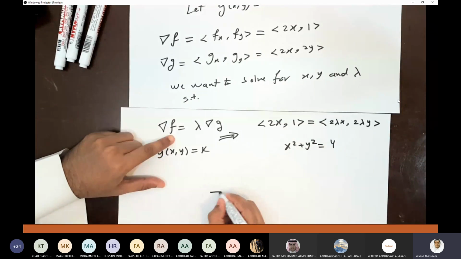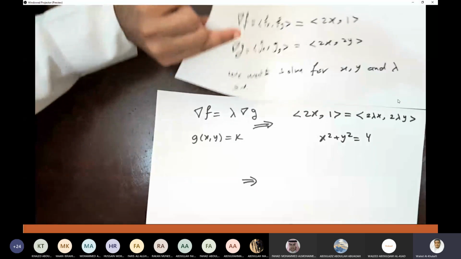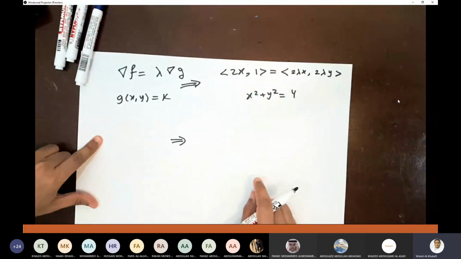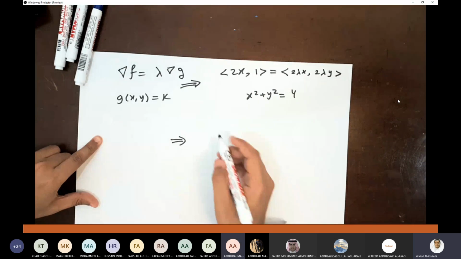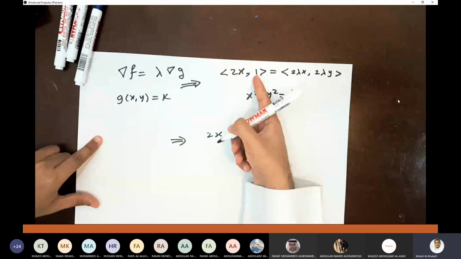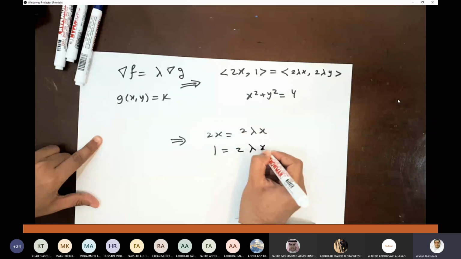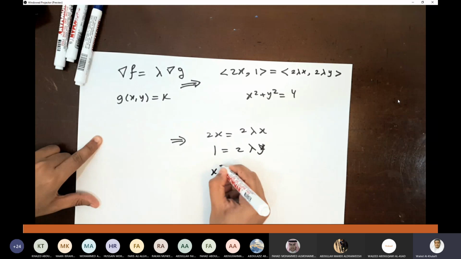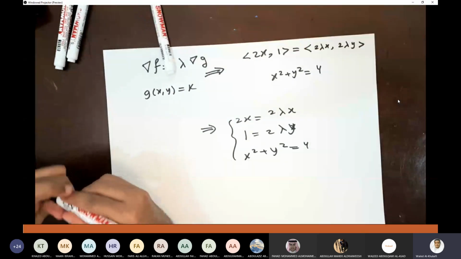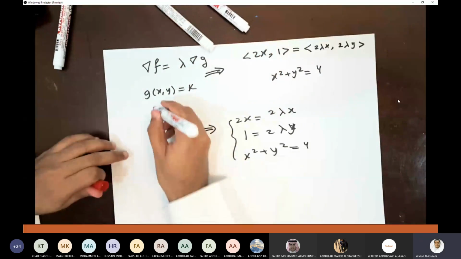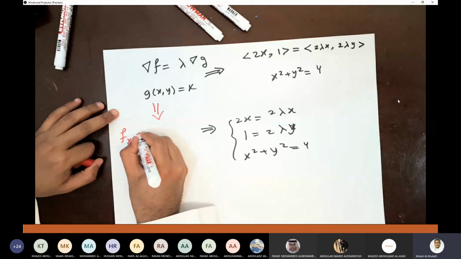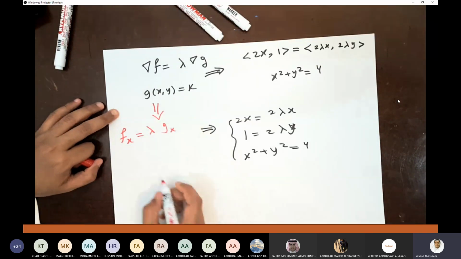Which implies that when we say vector equals vector, what does it mean? It means the x part equals the x part and the y part equals the y part. So this equals this, and this equals this, and x squared plus y squared equals 4. From here, it means the derivative of f with respect to x is equal to lambda times the derivative of g with respect to x.